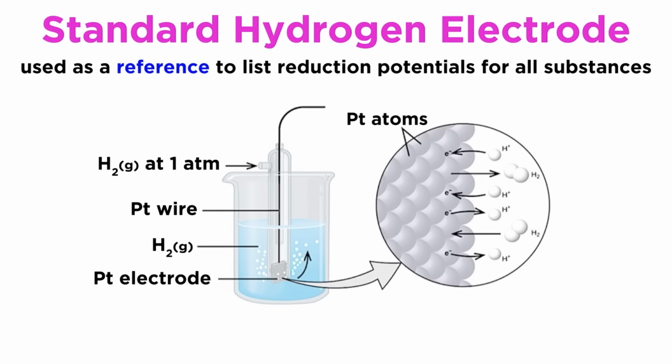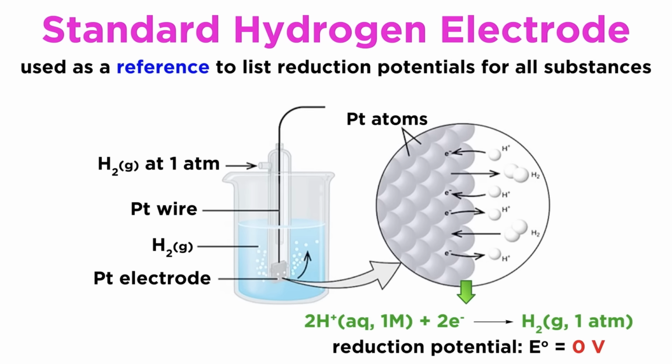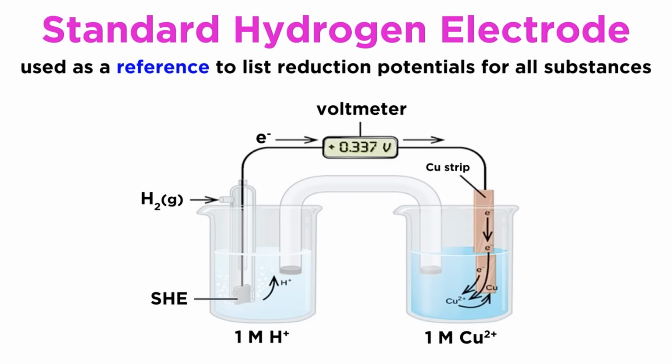That's why we use the standard hydrogen electrode. This is a platinum electrode sitting in 1 molar hydrochloric acid that facilitates the reduction of hydrogen ions into hydrogen gas, and we say that this has a standard reduction potential of 0 volts. Now we can list everything else in reference to this electrode. Let's say we create a cell by combining the standard hydrogen electrode with a copper electrode. Now we can measure the standard reduction potential of copper.